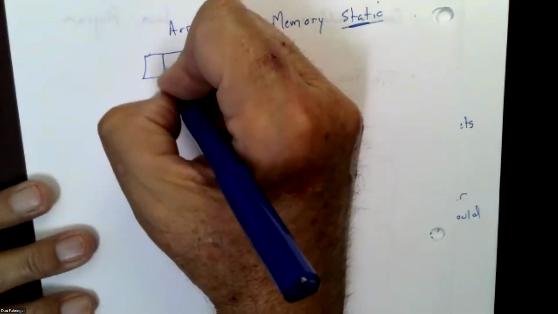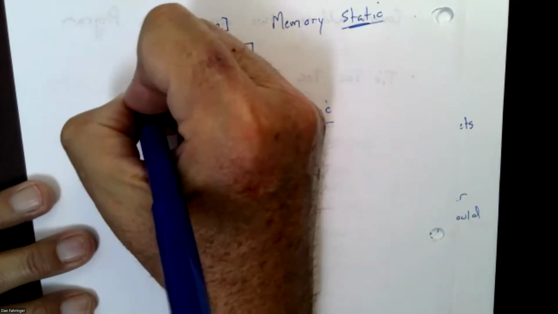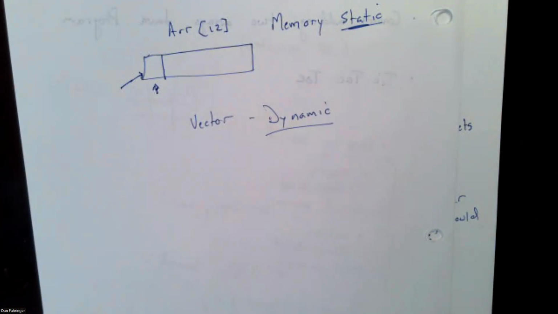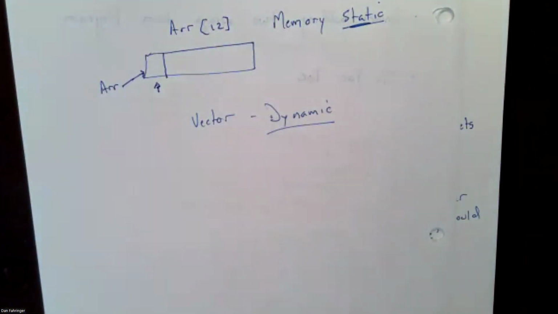Now, if I come up here, what is this right here? Actually, right there. What is that right there in the beginning? That is array, and that is a memory location.